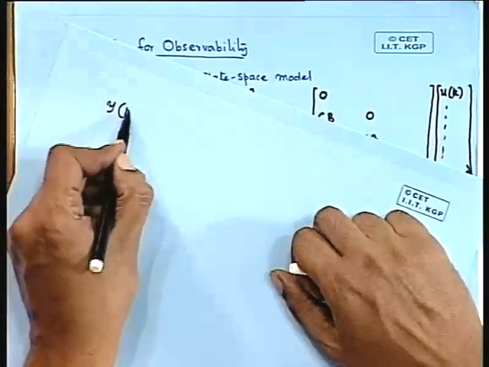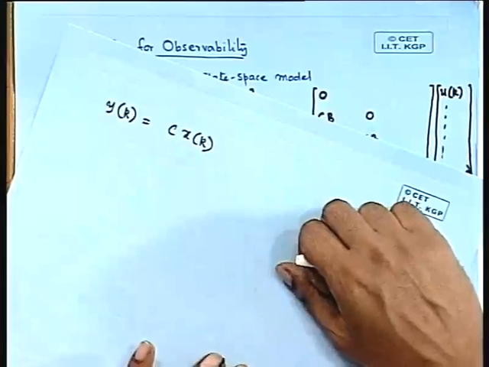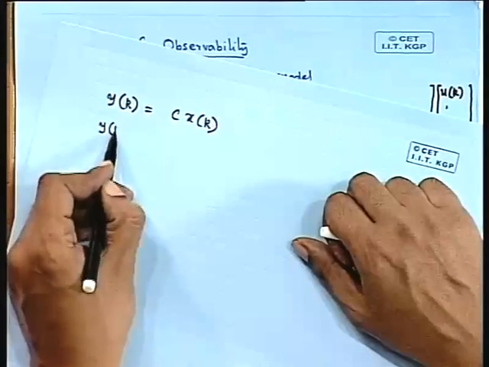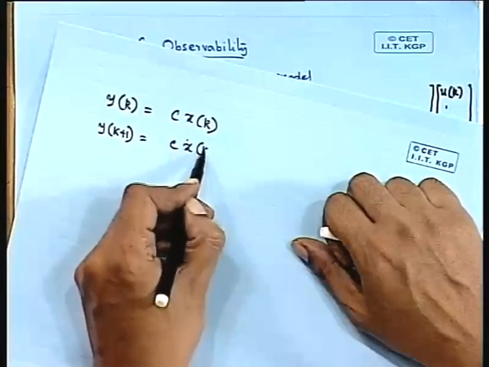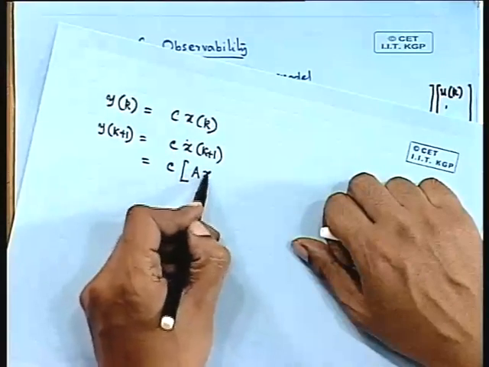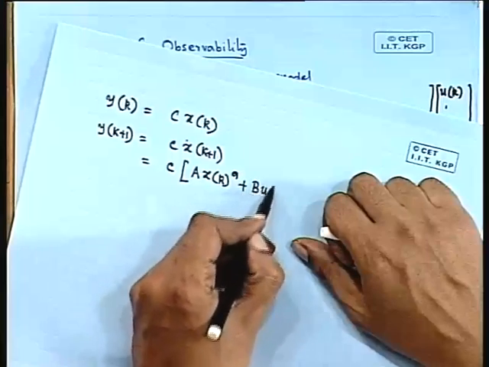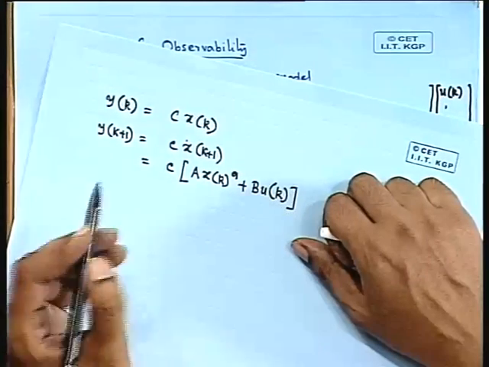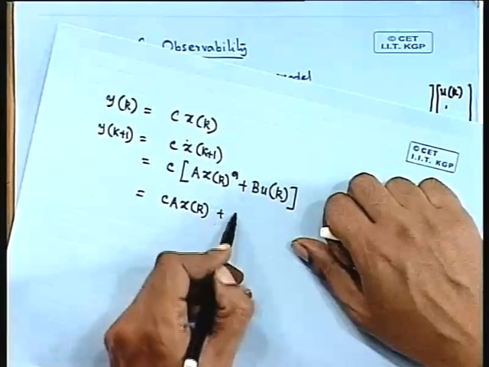These equations must be set up with u and y, because they are what we know. So you can always write that y_k is equal to Cx_k. This is the first equation. Second equation: now what is y_(k+1)? It is equal to Cx_(k+1). What is x_(k+1)? That is equal to C into (Ax_k plus Bu_k). That is equal to CAx_k plus CBu_k.